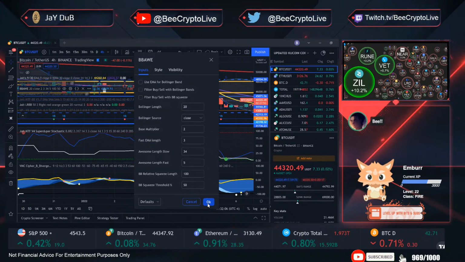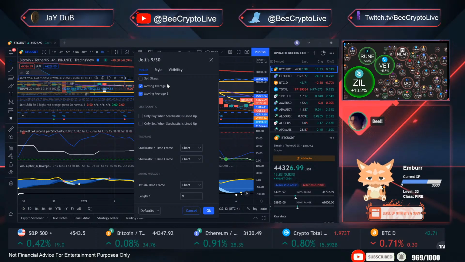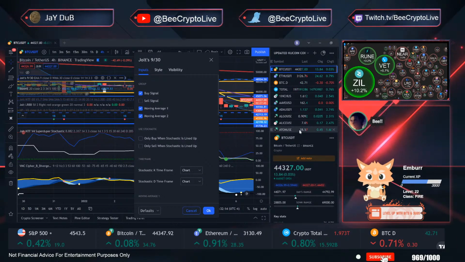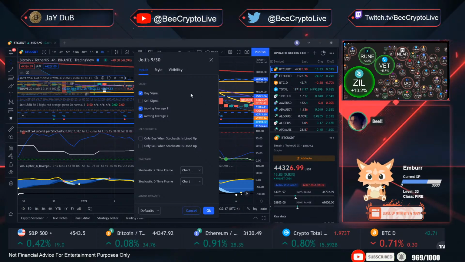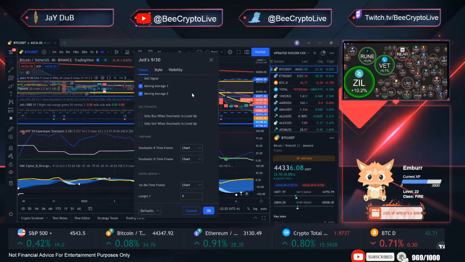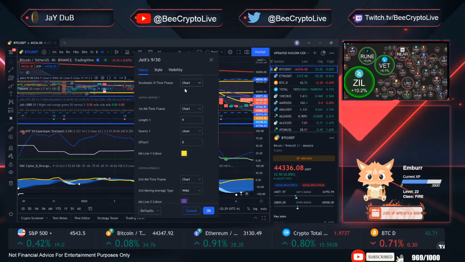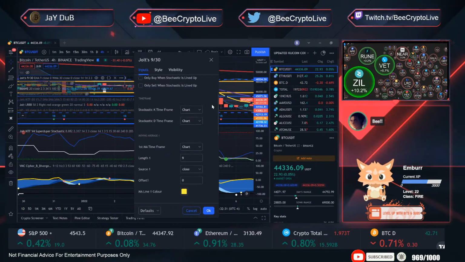But yeah, so it's this indicator with this one, which is Jolts 930, which is Jolts bees and honey. So if you want, you can see here what I have. It's buy signal. Can you guys see the settings or no? Yeah, I can see the settings. Okay, so you can see these settings here. You have to put in these settings.